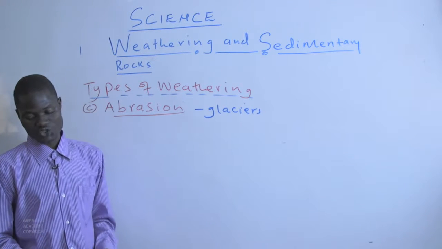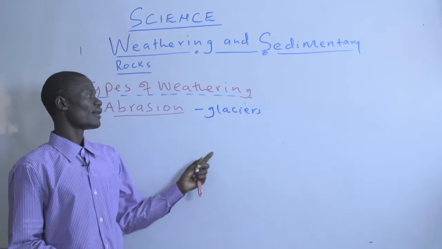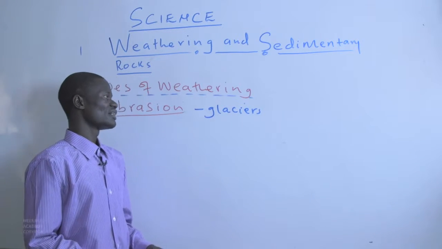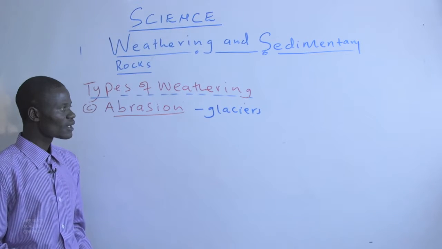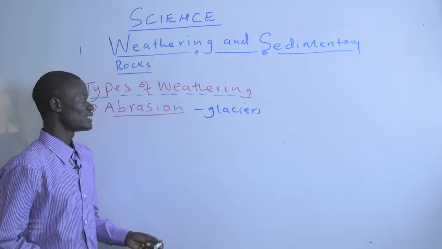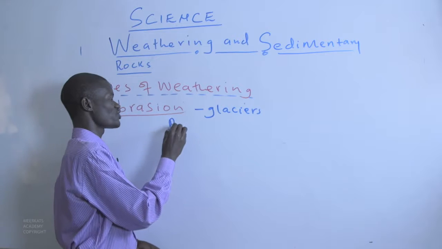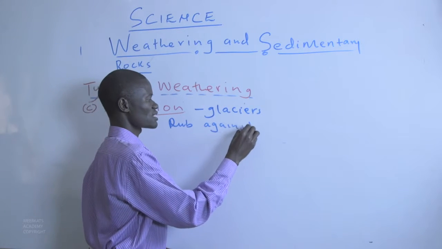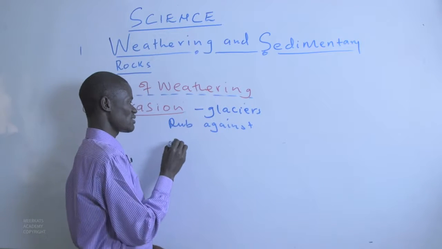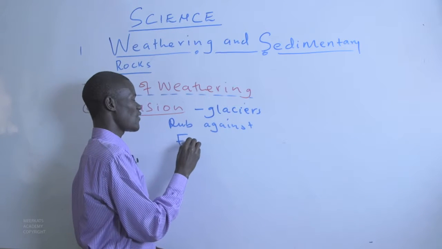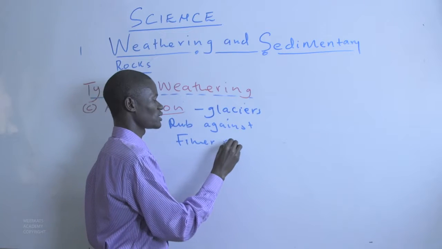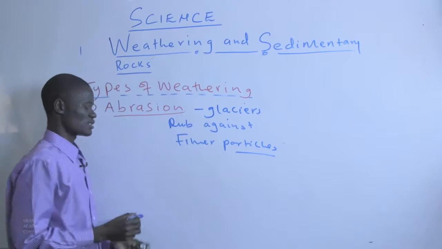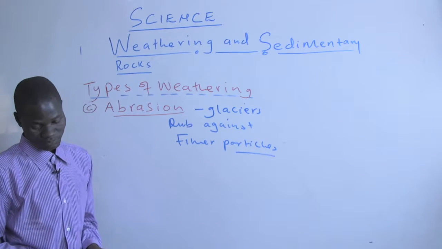And also in stream beds, where the sediments are carried down by the glaciers, they rub against each other, and in the process they break themselves into finer particles. And that is the process of abrasion.